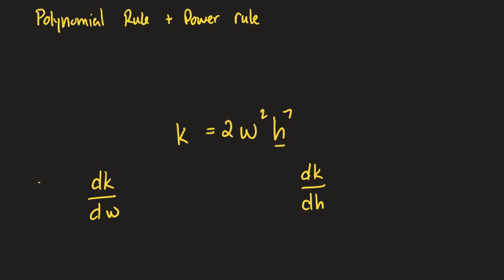So, for today, we're going to employ what's called the power rule. And the form of the power rule looks like this. If you're taking the derivative with respect to x of x to the n power, the power rule states this.